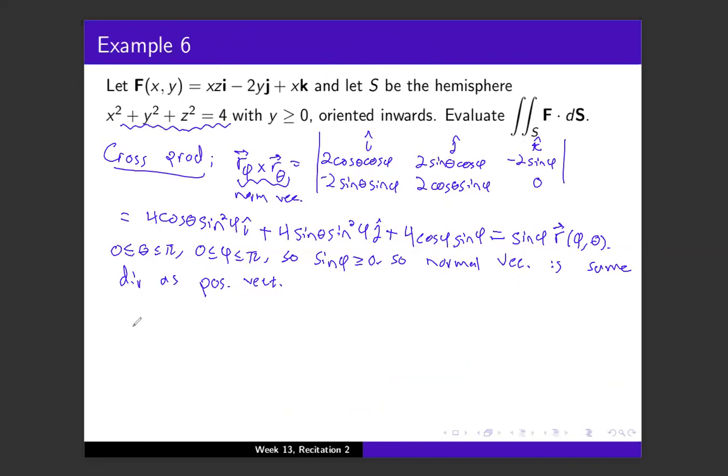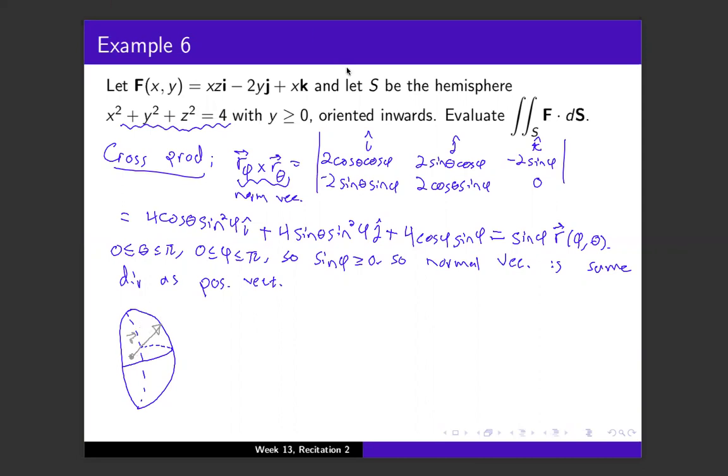Well, here's our hemisphere, and you're starting off on the inside with your vector.